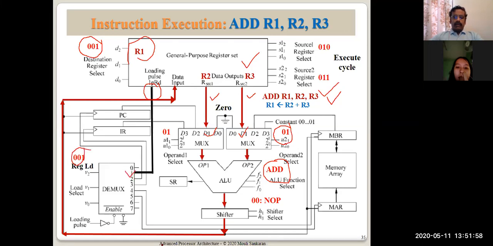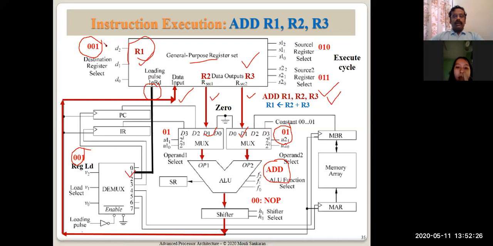Let me remove all this and show you exactly the microprogram's role here. The microprogram helps you to choose a particular input and choose where the output has to be written into. In this case, it should be written into the register set, exactly on R1.